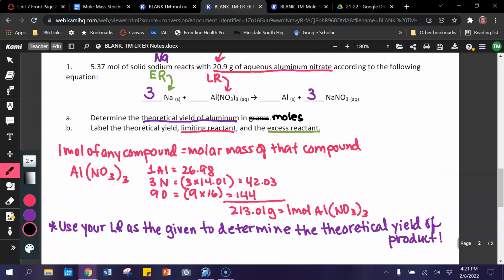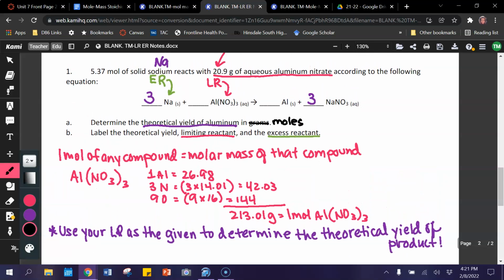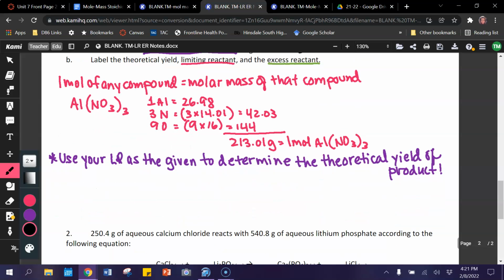The limiting reactant, we already decided, is aluminum nitrate, and my problem says that we have 20.9 grams of aluminum nitrate. So I'm going to write that first. I have 20.9 grams of AlNO3. That's my given.